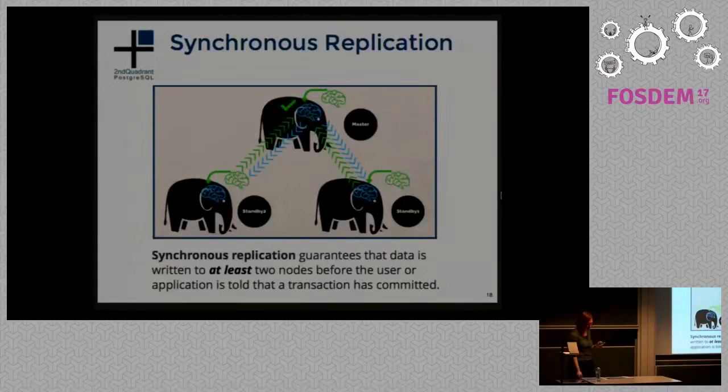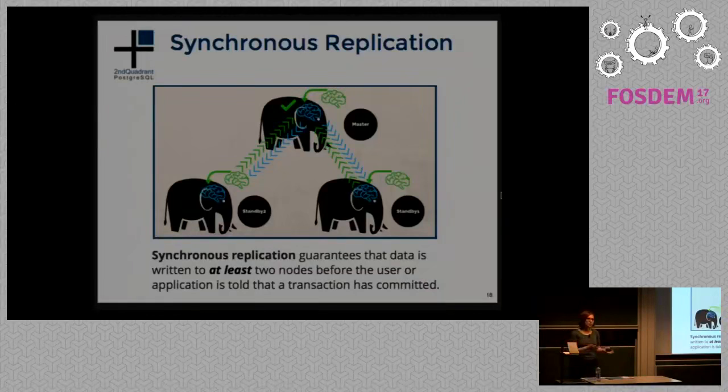Synchronous replication. Let's talk about this a bit. This is the greater than five nines availability and fault tolerance that I was talking about. By default, Postgres does asynchronous replication, which means that we replicate whenever the standby is available, depending on how we configure it.